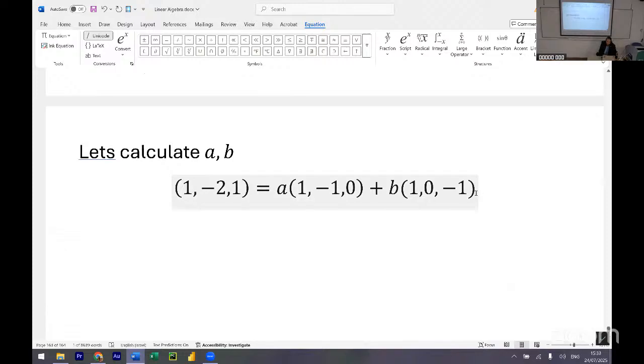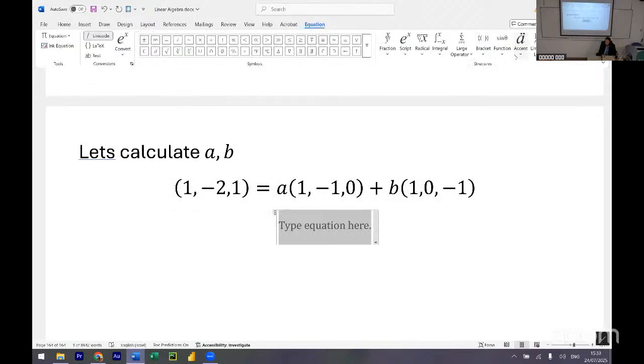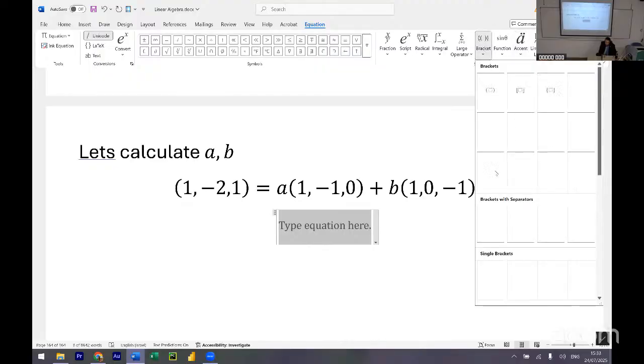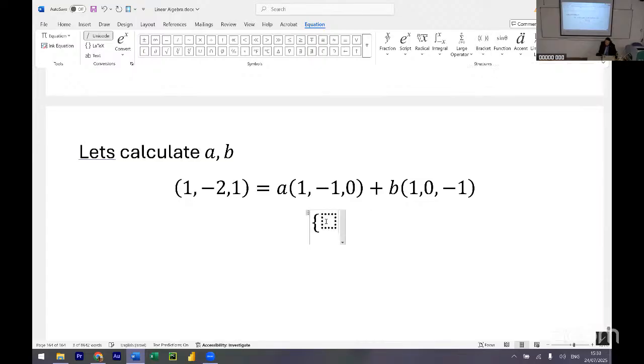Okay. So we need to solve here for A and B. Let's write the system of equations. So the first equation is A plus B equals 1. The second equation is minus A equals minus 2.